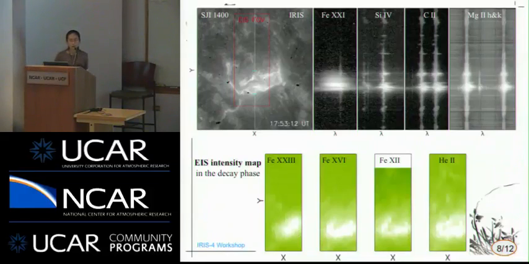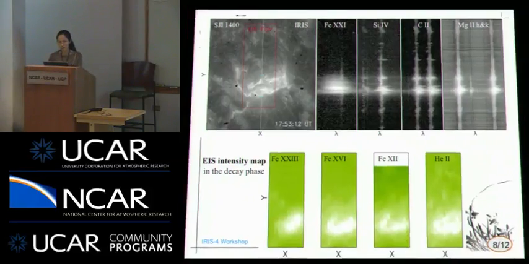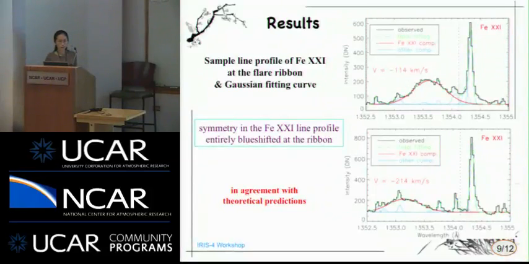In our study, we carefully analyze along this flare region between the 2 sunspot lines, and focus on the optically thin lines from IRIS, iron-21 and silicon-4, and also these 4 EIS lines. Now let's look at the results.